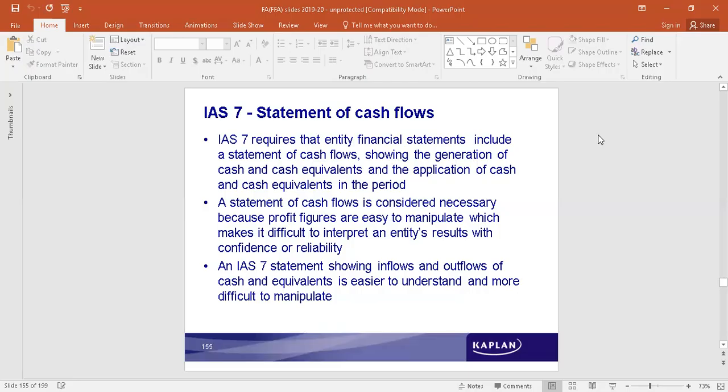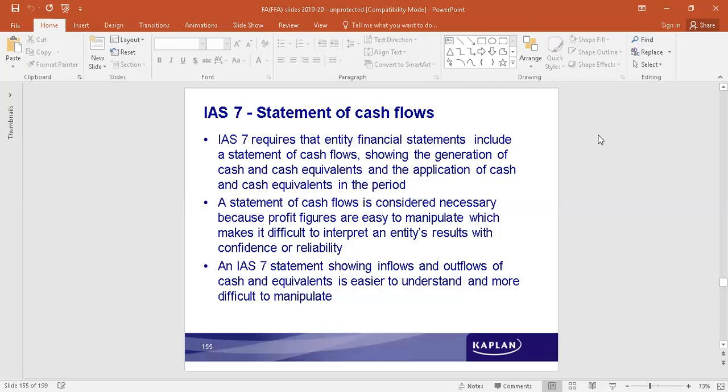So any transaction which relates to the previous period or the future period are adjusted. Even if there is a cash transaction taking place related to those periods, they are not included in the current period. So we do not understand the cash position from these financial statements.